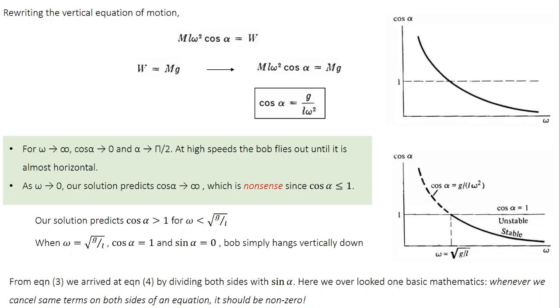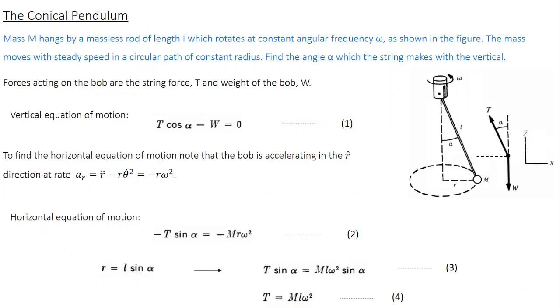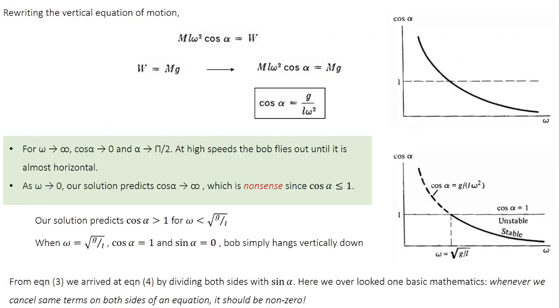So when cos alpha equal to 1, sine alpha equal to 0, and when sine alpha equal to 0, alpha equal to 0. And what's the meaning of alpha equal to 0? Remember, alpha is the angle between the vertical and the rod. When alpha equal to 0, it means that the bob is simply hanging vertically down.